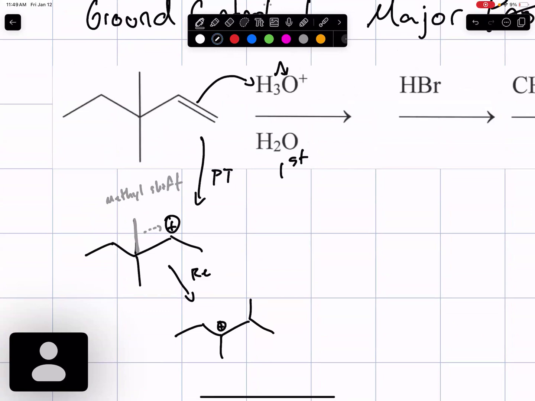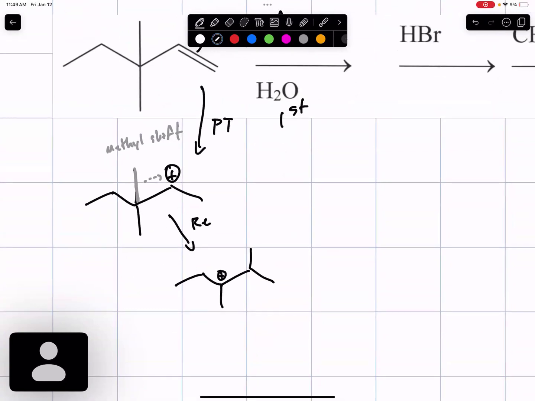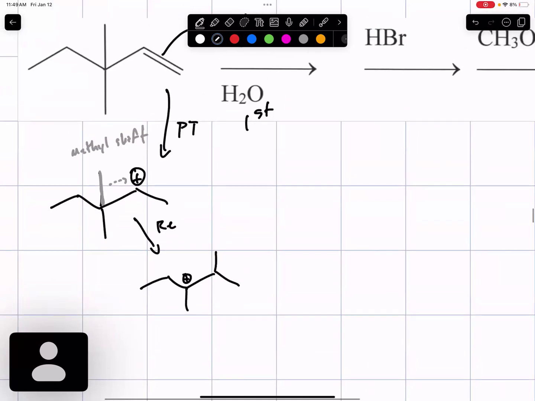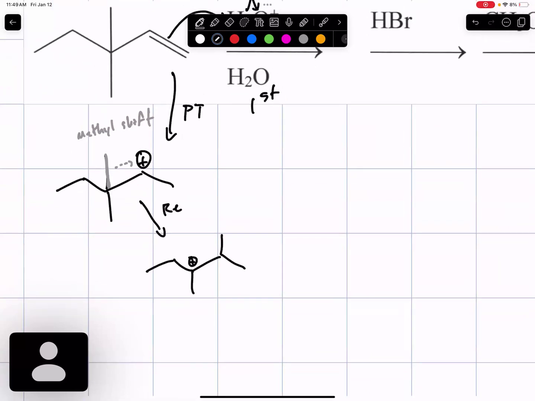Because tertiary carbocations are more stable. Exactly. It's a tertiary carbocation. Correct. Now, I'm not done. I'm still on step one.